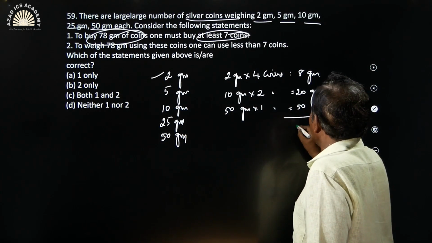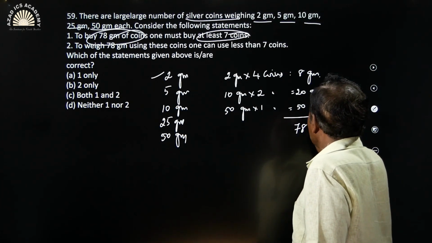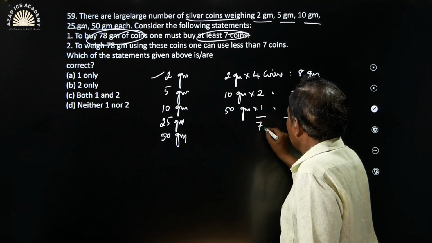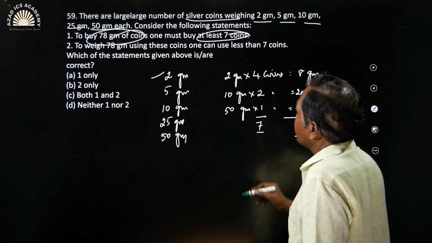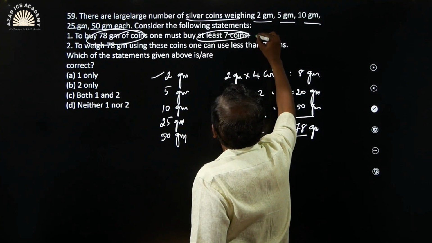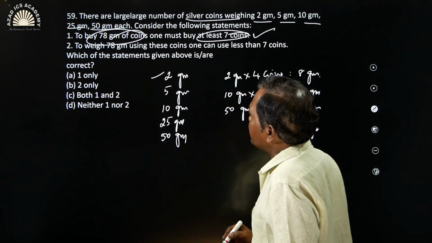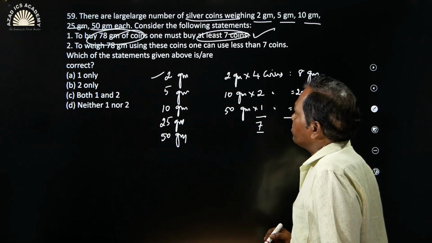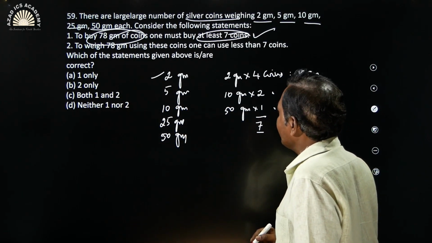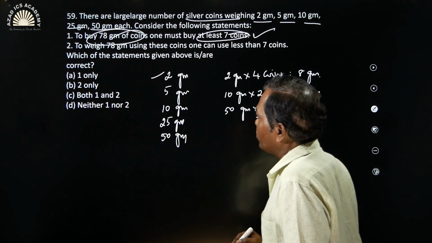Now see, 78 gram. So the first statement is very correct. And the second statement: to weigh 78 grams using these coins, one can use less than 7. Is less than 7 possible? No, it is not at all possible. Only one is correct.